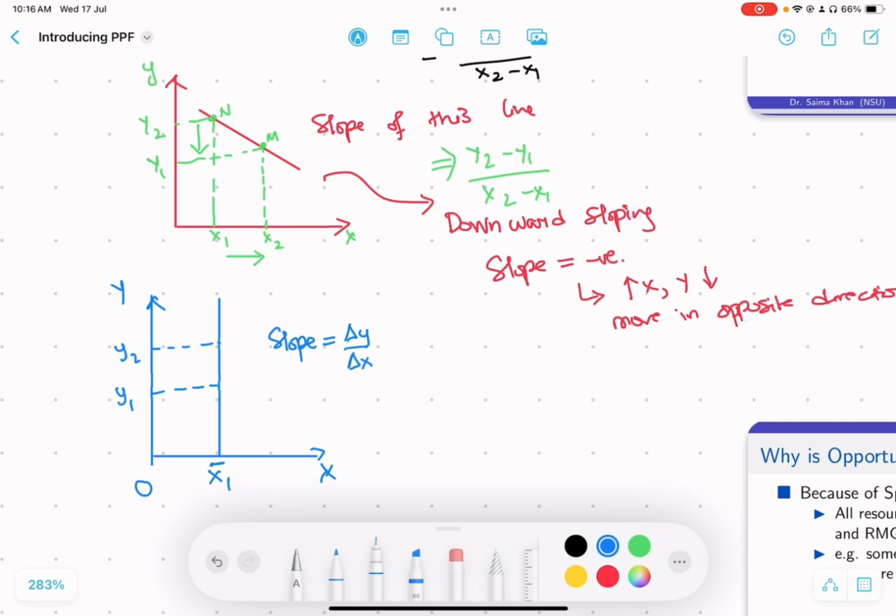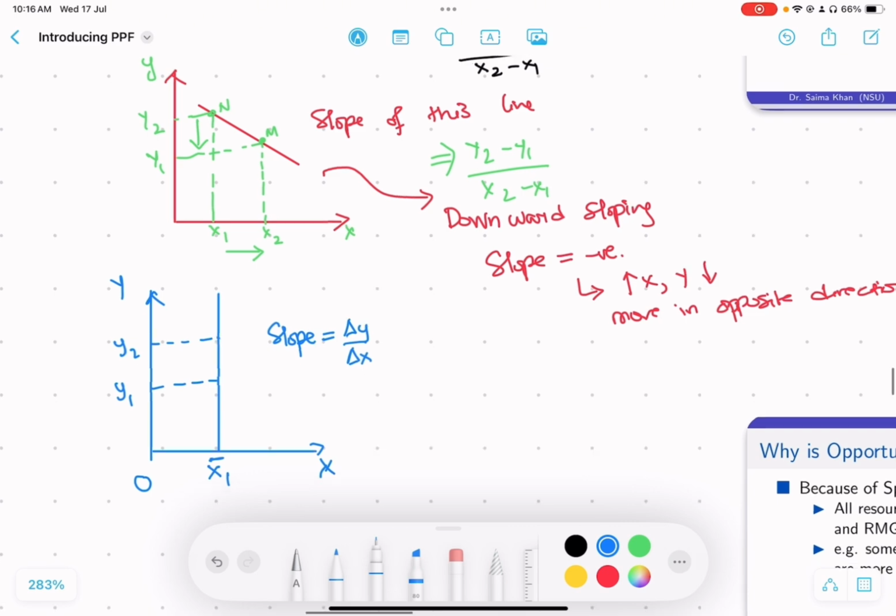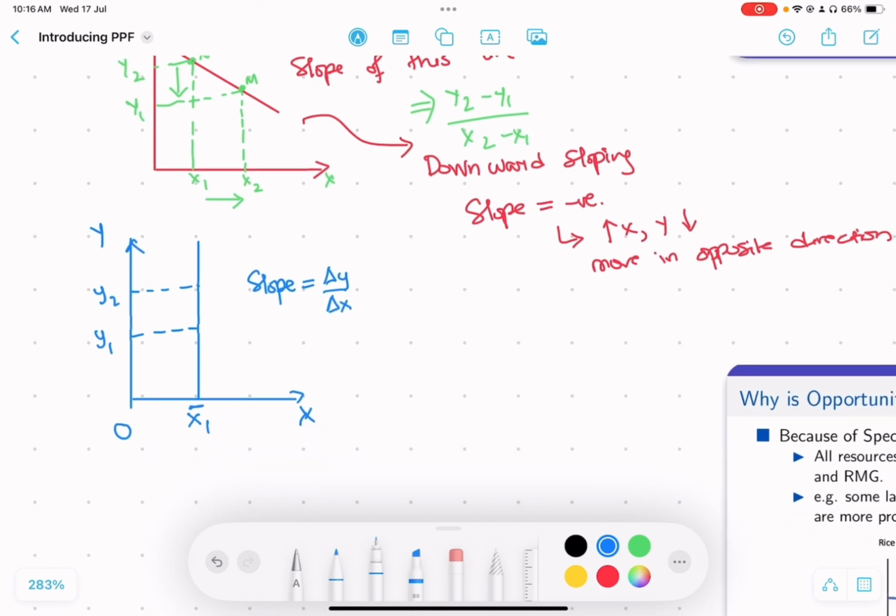So x remains the same, it's the y's that change. The change in y is some positive number, but what's the change in x? x1 minus x1 is 0. So there is no change in x. So what have we learned? This is some number divided by 0. What happens then?